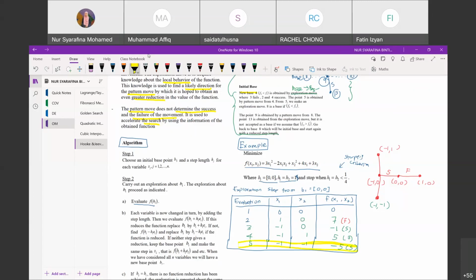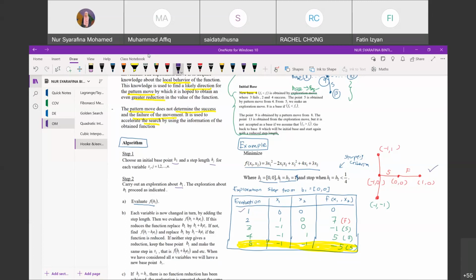Then what can you conclude? Okay, take a look at the algorithm. We start with base B1 and step length H, and carry out an exploration about B1. We have done this exploration move, and we evaluate F(B1) already. Each variable now is changed in turn. How can it change?